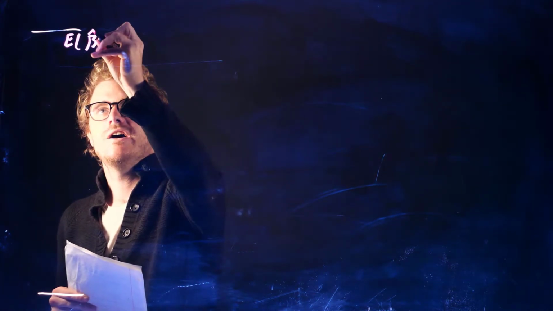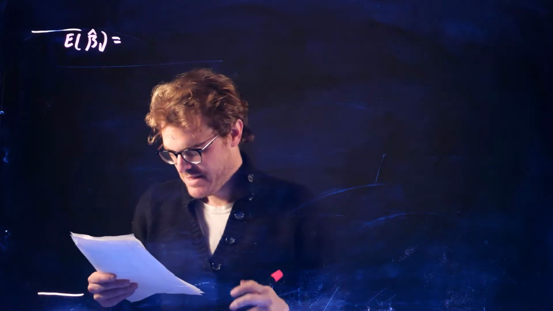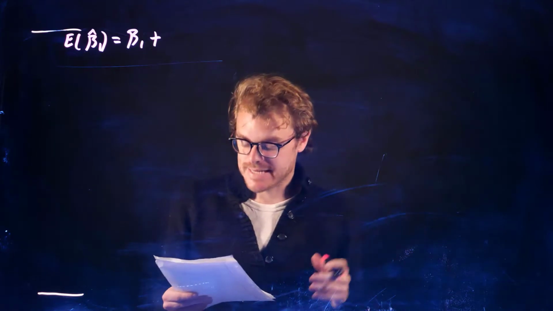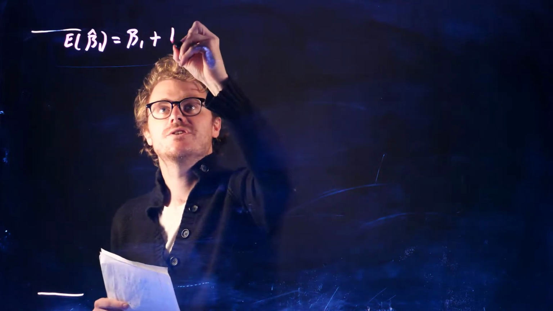So let's rewrite that so we remember where we are. Right now we're at the expectation of beta hat 1 is equal to the true value, and then we just applied the law of iterated expectations on that other term.